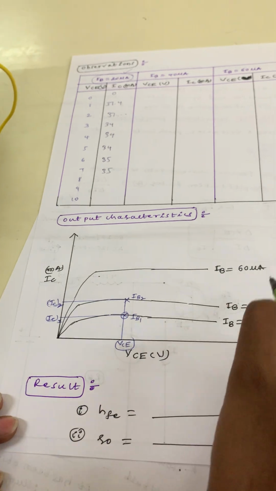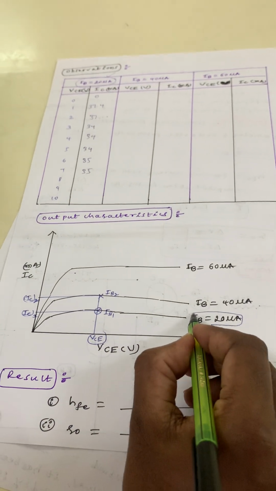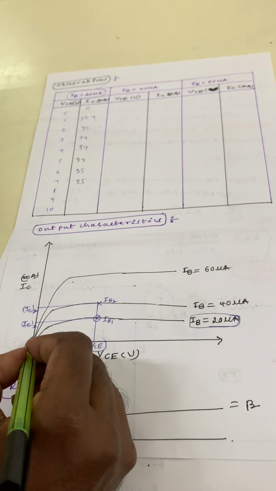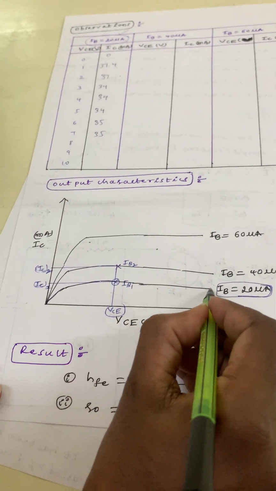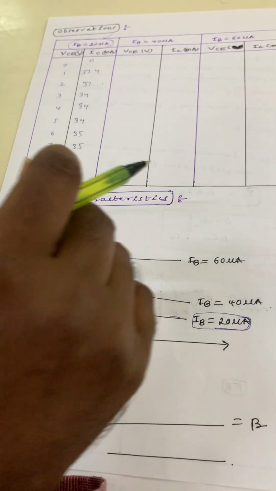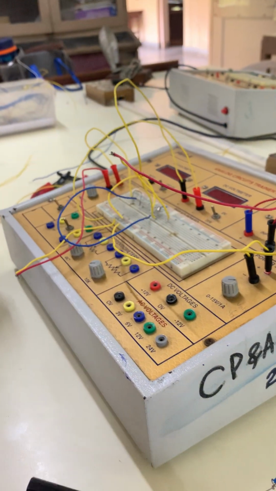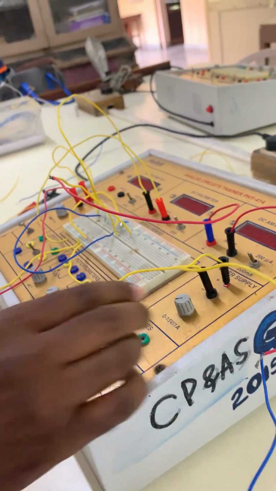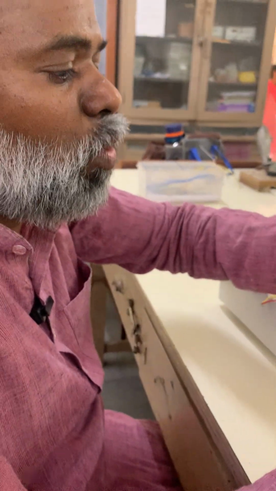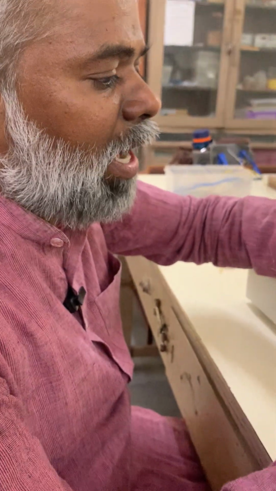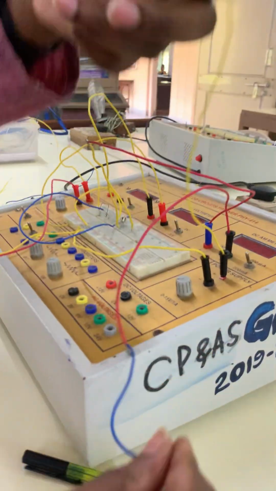In a similar fashion, once you take the graph, IB is equal to 20 microamps I have to take. Once it is increasing, after increasing it should come stable. In the similar fashion, you switch off this. Now again you have to go to the similar IB and set it. Now remove these wires.